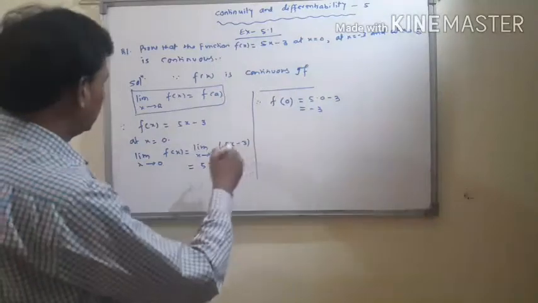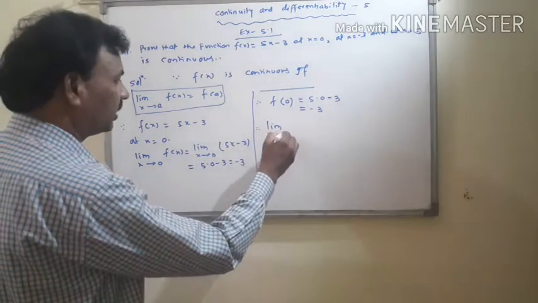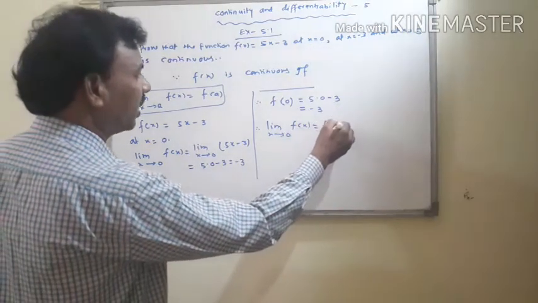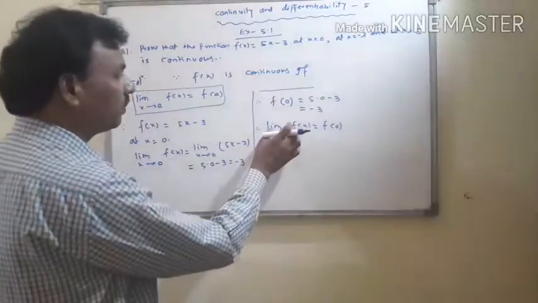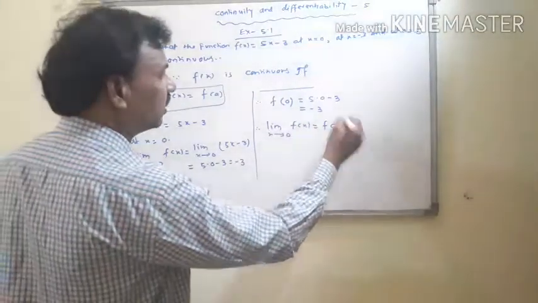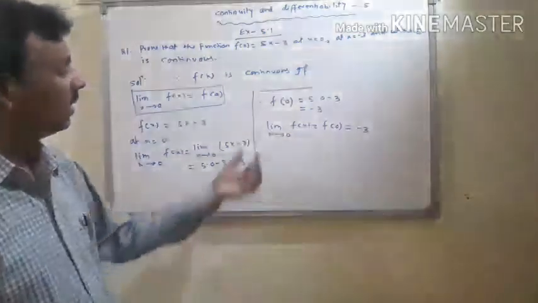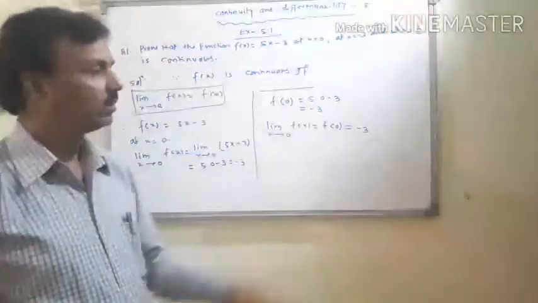As you see here, limit x tends to 0 f of x equal to f of 0, and both values are minus 3. That means limit x tends to 0 f of x equal to f of 0.